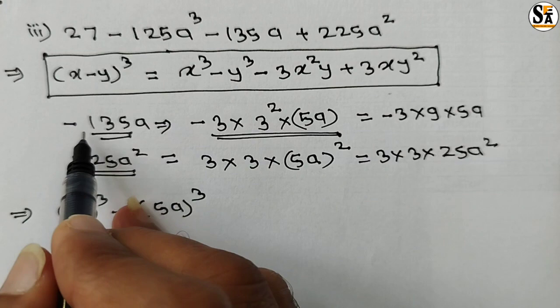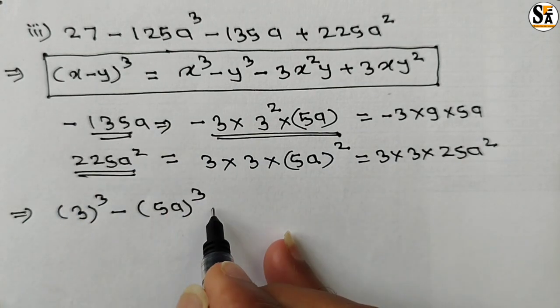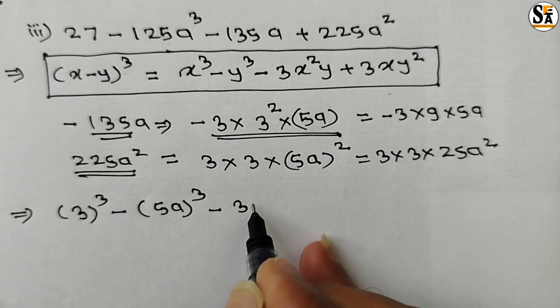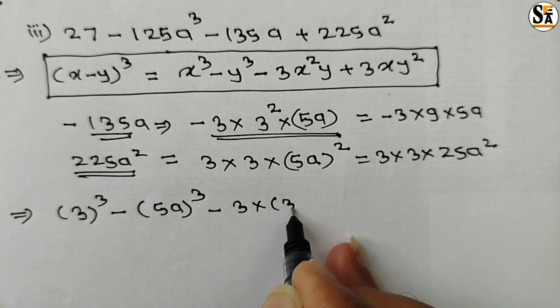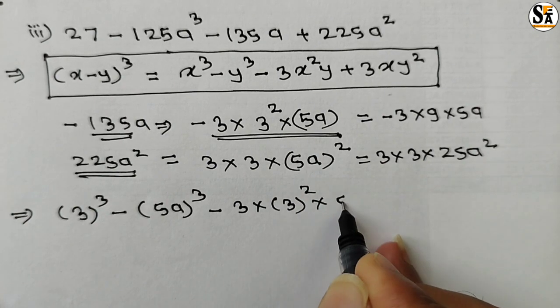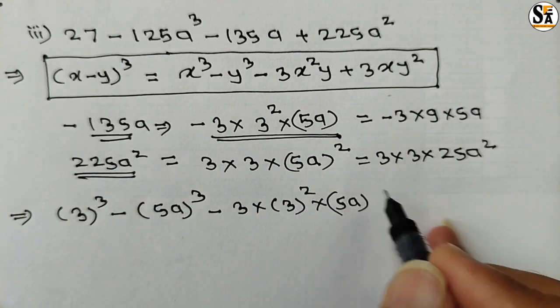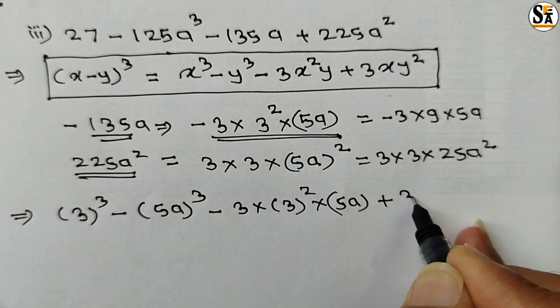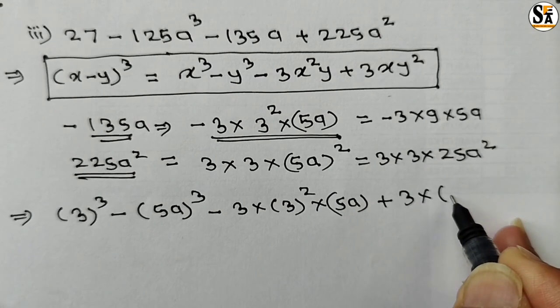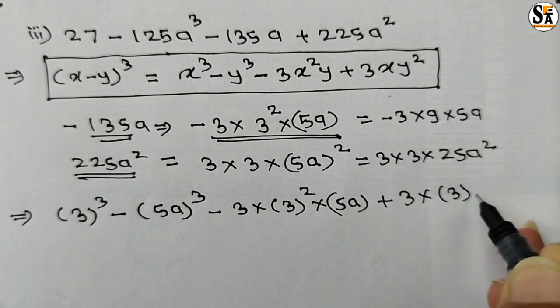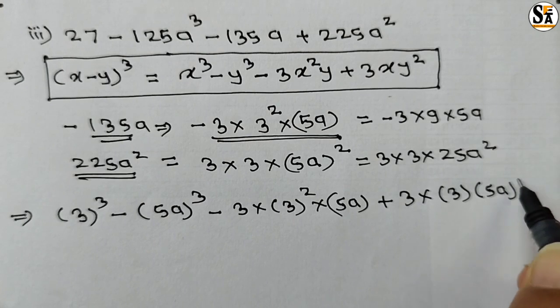Then we have just seen minus 135a, we can write like this, minus 3 into 3 square into 5a and 225a square like this, plus 3 into first term is 3 and second term is 5a bracket square.